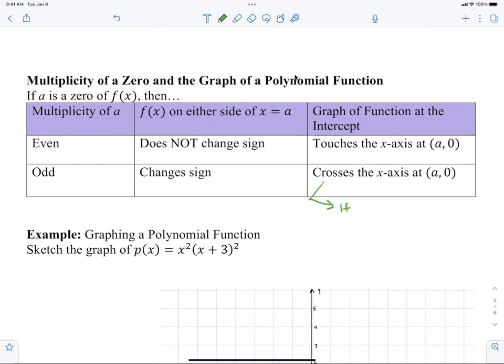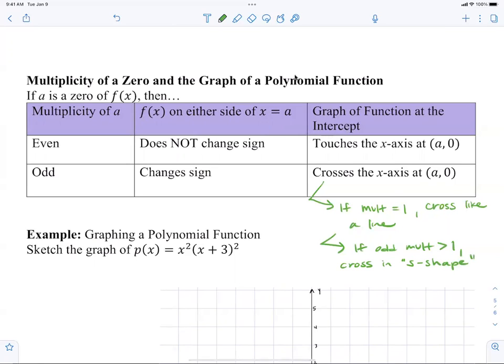If the multiplicity is 1, then the graph will cross like a line. However, if the odd multiplicity is greater than 1, then it will cross in an S shape. Kind of like a cubic.